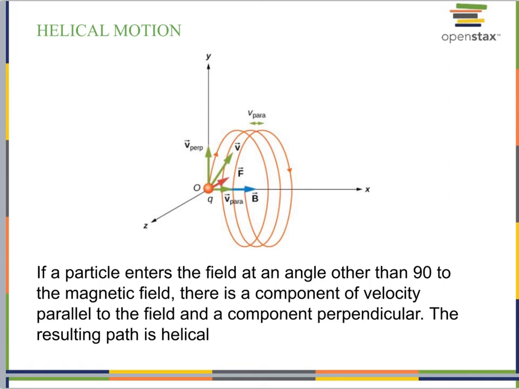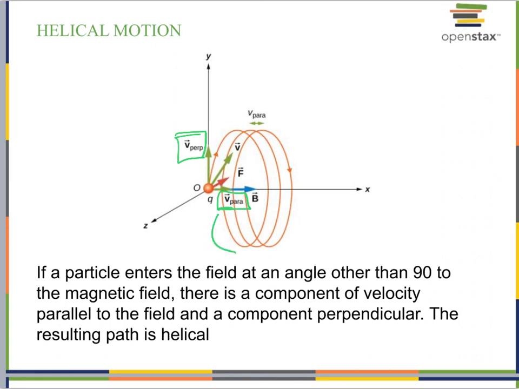One last thing that I wanted to mention is that we started off with that cyclotron motion, assuming that the velocity was perpendicular to the magnetic field, but it's not always. Maybe it's at an angle, and when it's at an angle, we can break down the velocity into its components: the component that's perpendicular to the magnetic field and the component that's parallel to the magnetic field.